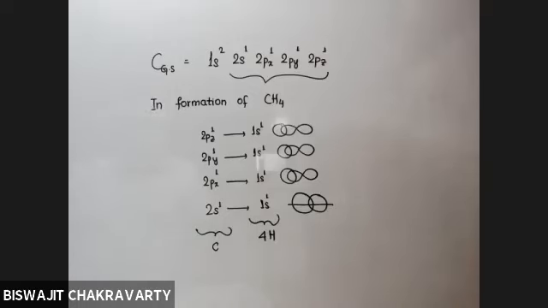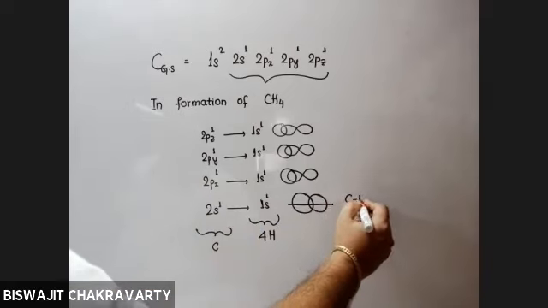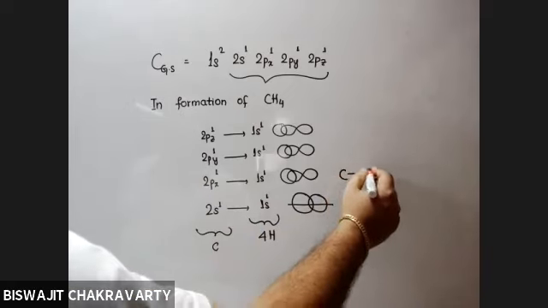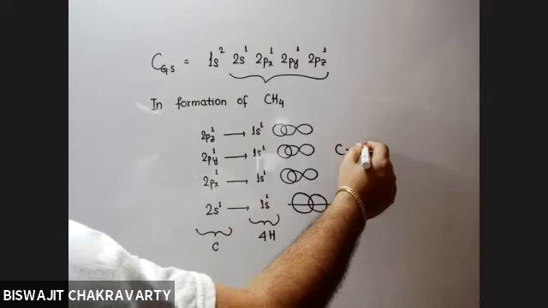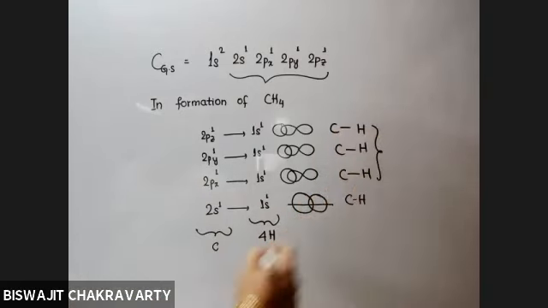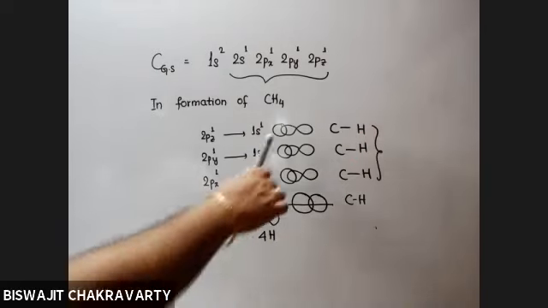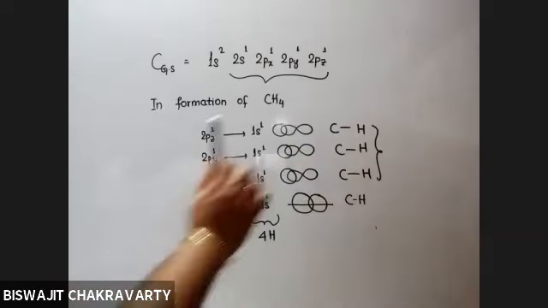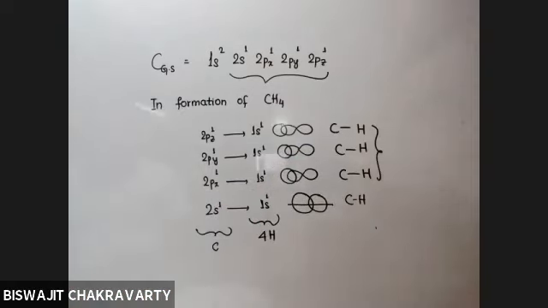One of the carbon hydrogen bond lengths should be shorter as compared to the other. These 3 should be equal in bond length, and this should be slightly shorter. And the angle made by these 3 should be 90 degrees, isn't it? Have you understood what I'm saying? Yes, sir. Okay, now come to the reality.